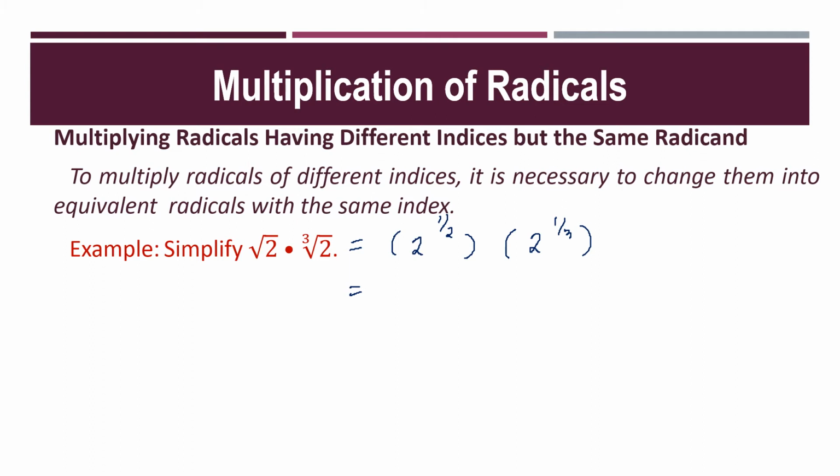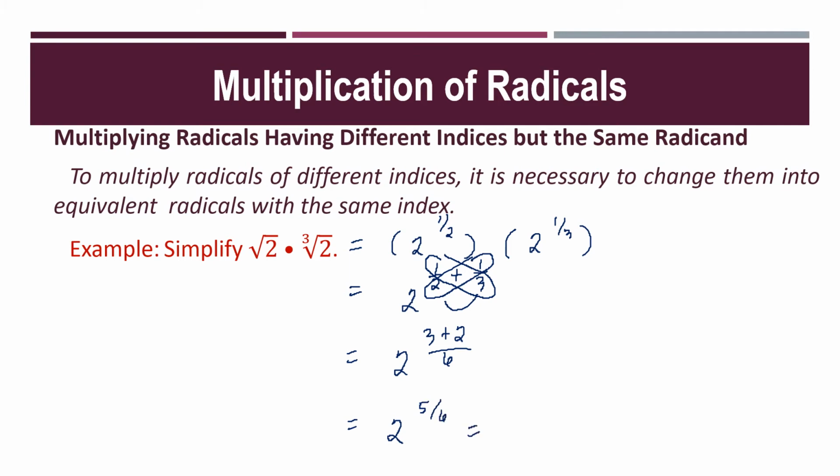Applying the laws of exponents, since we have the same base, we have 2 raised to 1/2 plus 1/3. Using the butterfly method, 1 times 3 is 3, 1 times 2 is 2, and for the denominator, 2 times 3 is equal to 6. Therefore, we have 2 raised to 5 over 6.